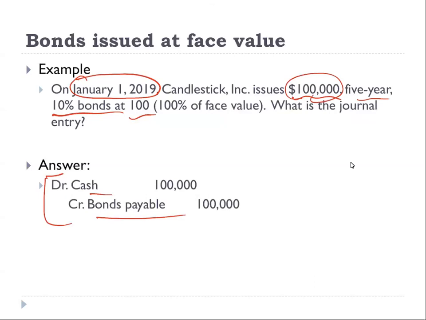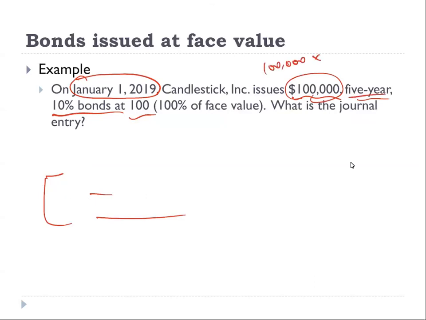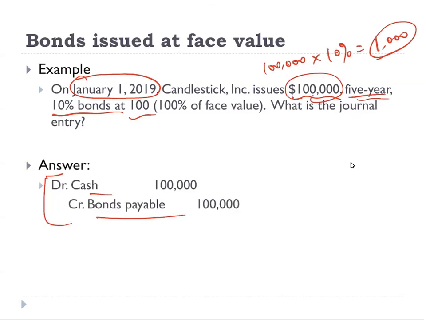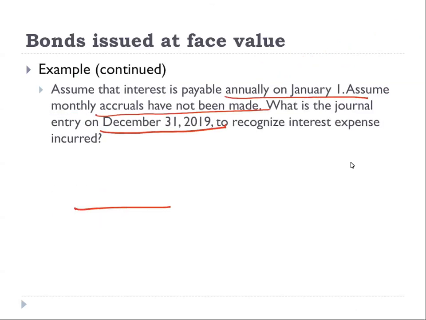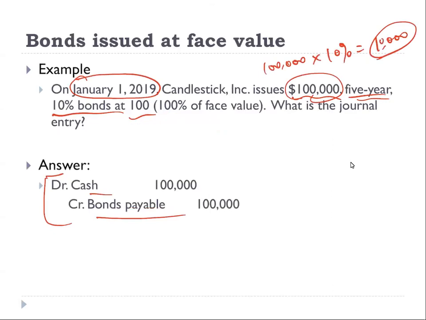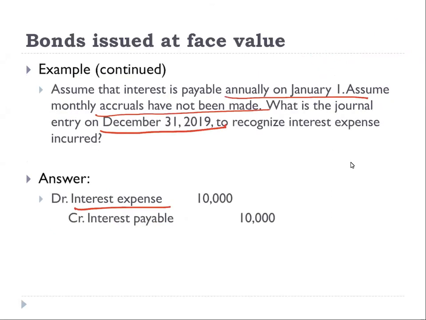The face value of the bond is 100,000, and each year the interest is 10%. So that's $1,000 per year. So the journal entry is to debit interest expense. Oh, sorry, 10%, that's 10,000. Interest expense for 10,000, credit interest payable for 10,000.